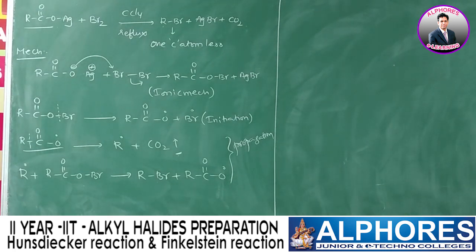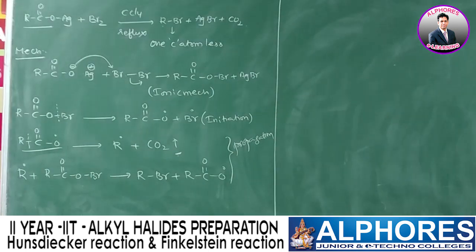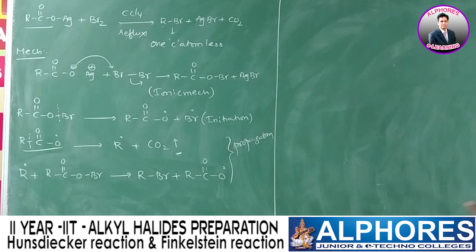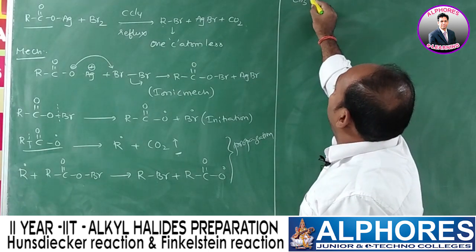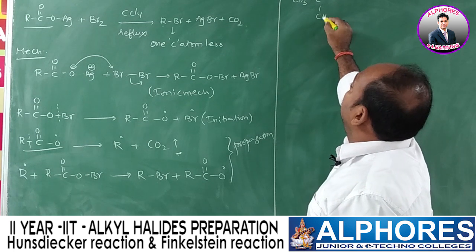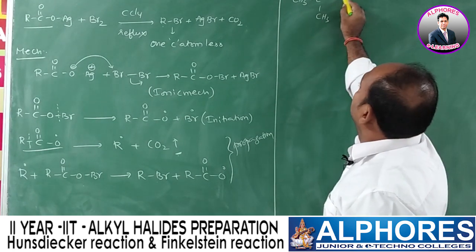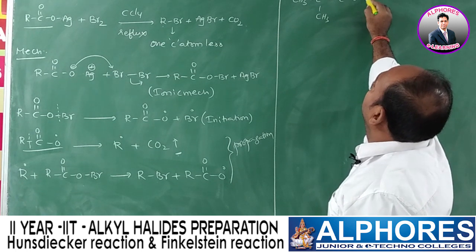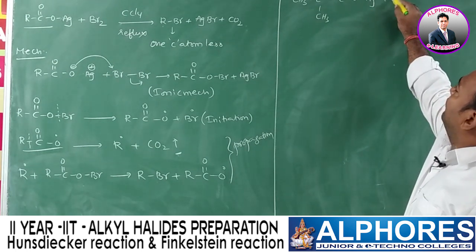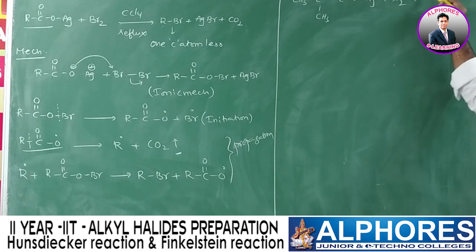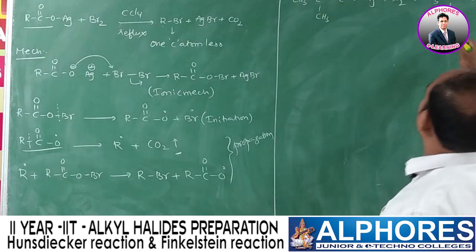But if the alkyl group is tertiary, it preferably leads to elimination. Let us see, considering the tertiary butyl group, (CH3)3C double bond O, OAg. Upon reaction with bromine, we get (CH3)3C double bond O, OBr plus AgBr. Now the formed product further undergoes homolysis.